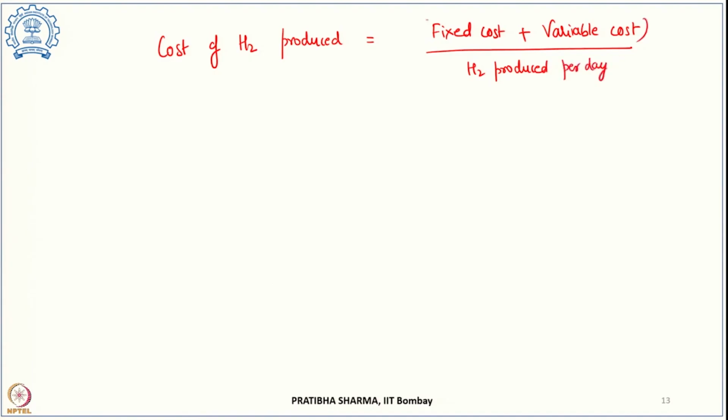Because the fixed cost is given in rupees per day, and variable cost we will convert into rupees per day. Now, first let us convert the variable cost. So, the variable cost is given as 15 rupees per kilowatt hour and the input power we have found in the earlier section as 266.4 kilowatt hour per day.